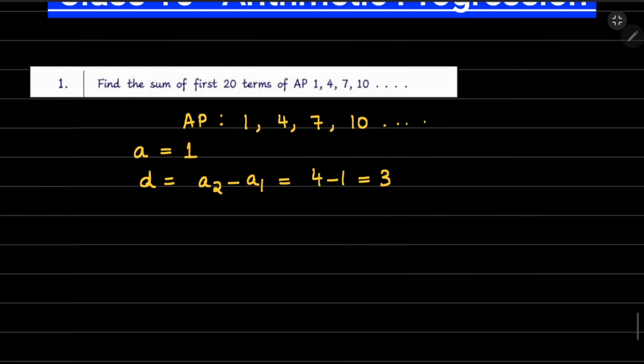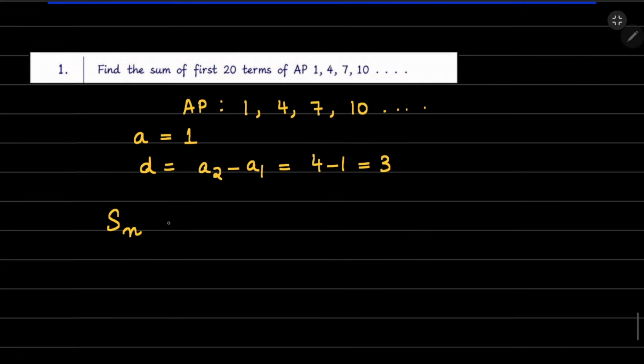If you know the first term and the common difference, you can calculate the sum of the first n terms using the formula n by 2 multiplied by 2a plus n minus 1 into d. So this is a formula if you know the first term and the common difference.